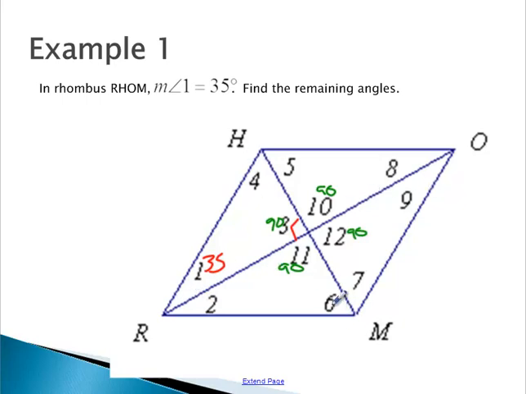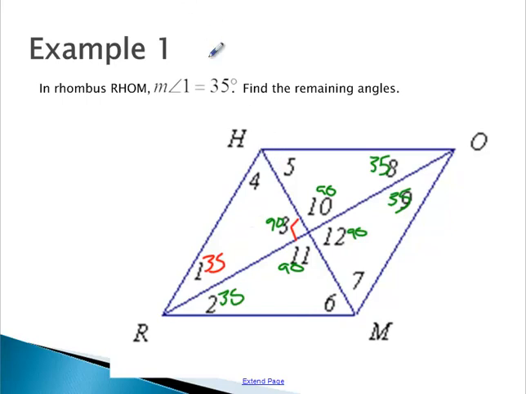These diagonals, because they're perpendicular, they're also angle bisectors. So this is 35. Across the shape, because it's a parallelogram, those angles are congruent, so these are also 35. Now we're just missing 4, 5, 6, and 7. They're all going to be the same number.